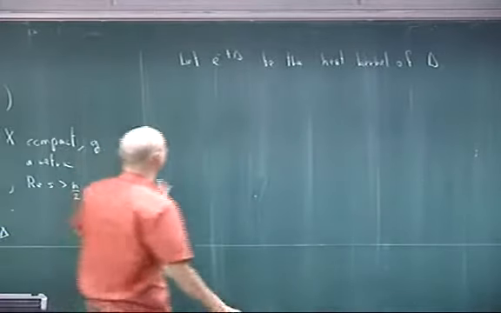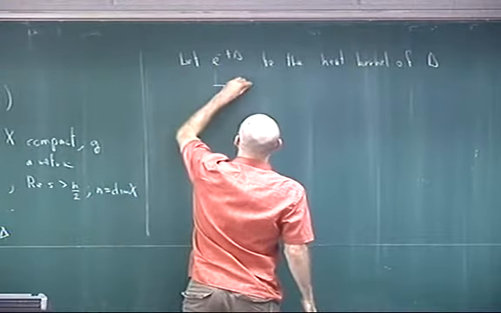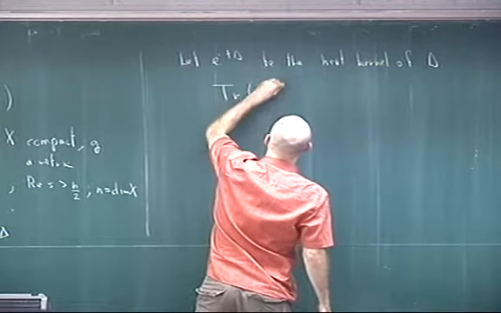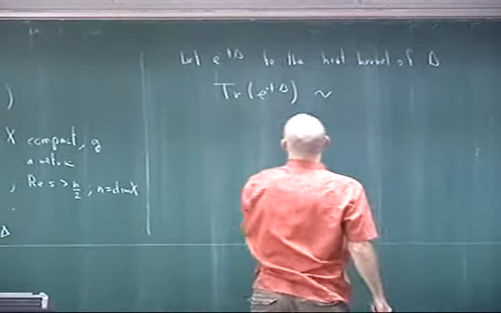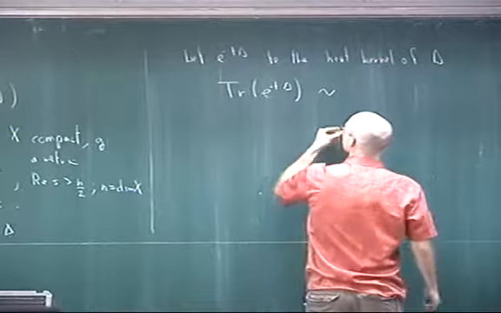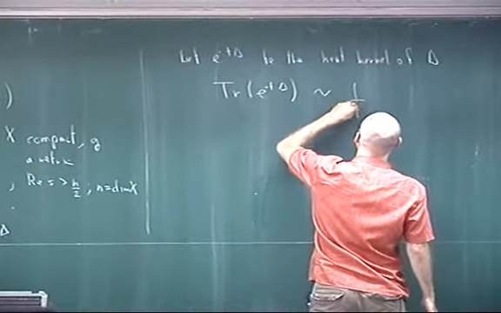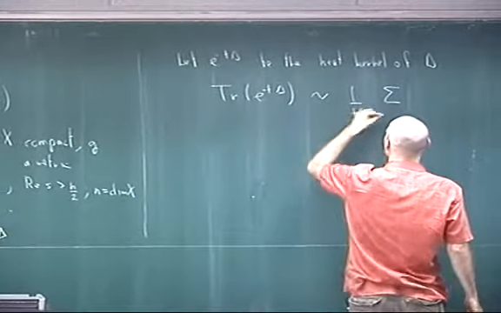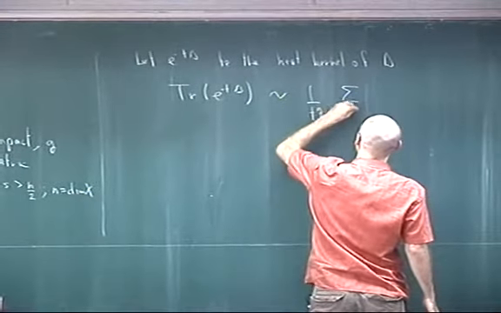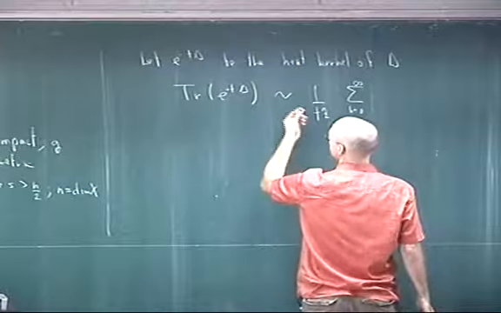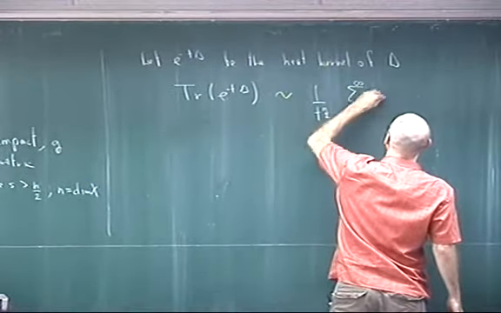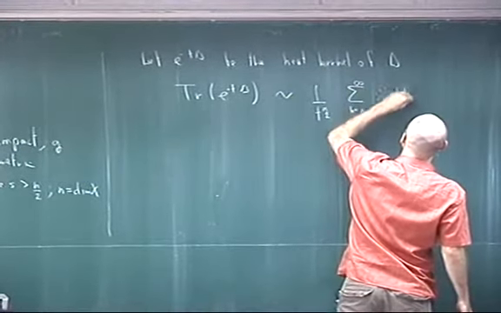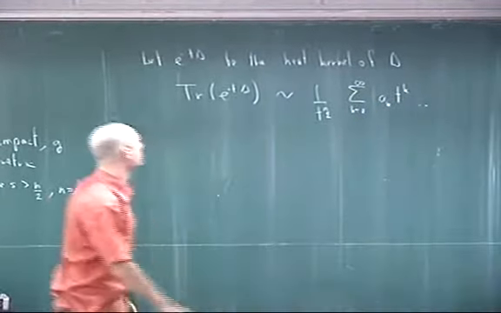So you can take the trace, and as t goes to 0, it's singular, and it has a sort of Taylor series in t with these coefficients.